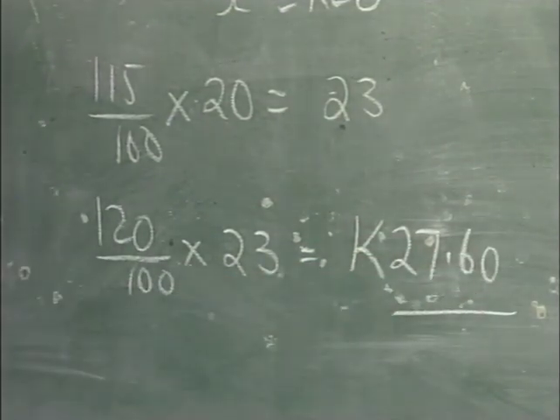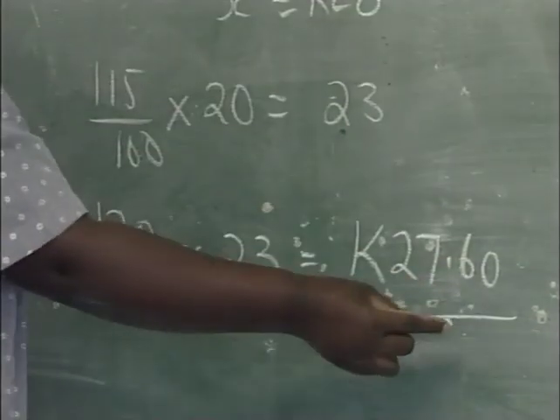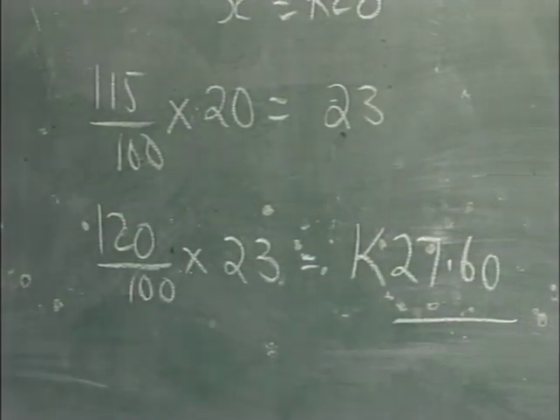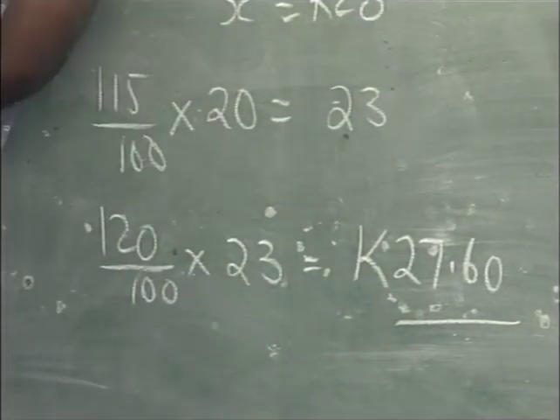Which means the public will save 1 kina 60. You subtract this 26 kina from 27.60, that will give you 1 kina 60. So the public will save 1 kina 60 if he bought it straight from the wholesaler.